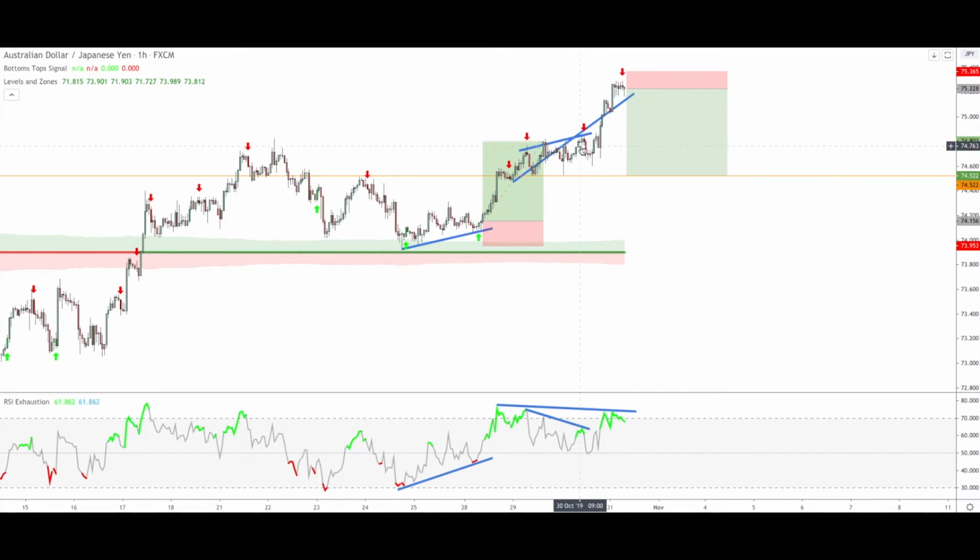Well, the truth is simple. The answer is that this trend line down here on the RSI is wrong. You should not draw a trend line like this, because the correct one is the one above here. Let me explain why.